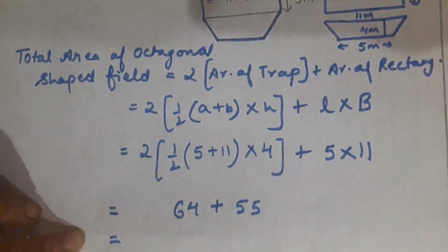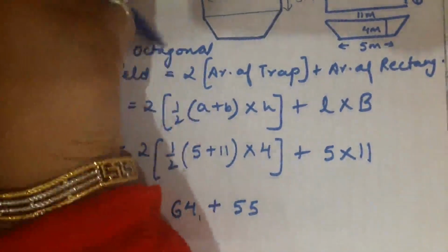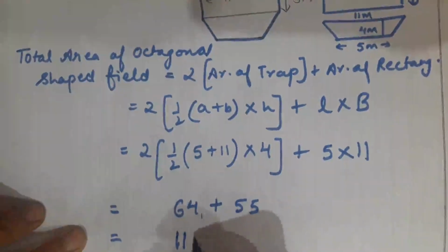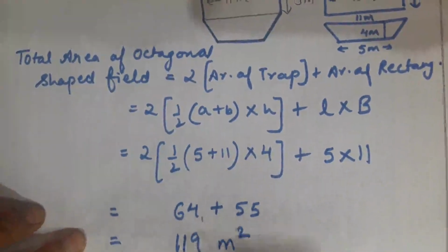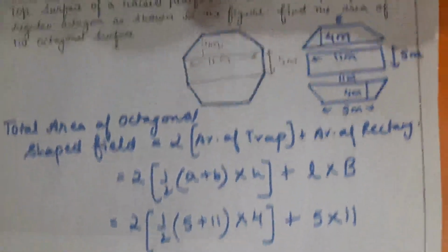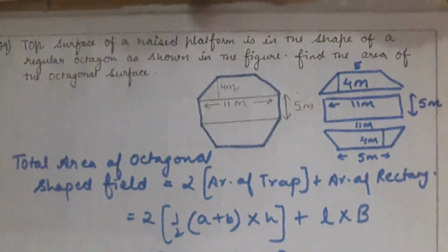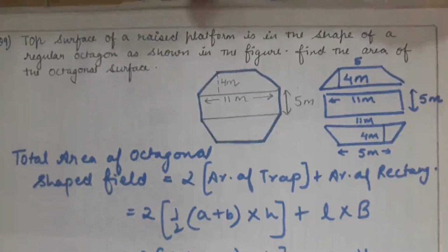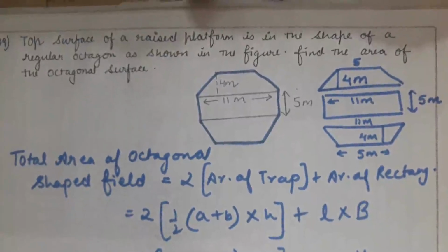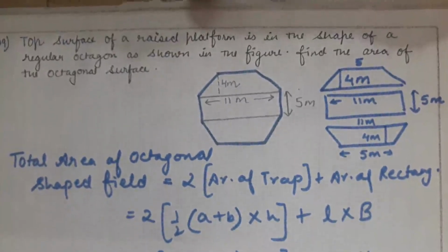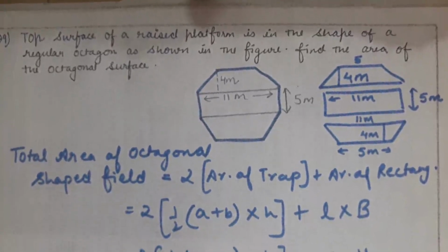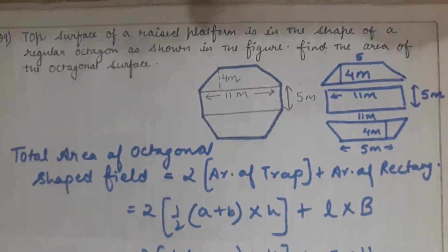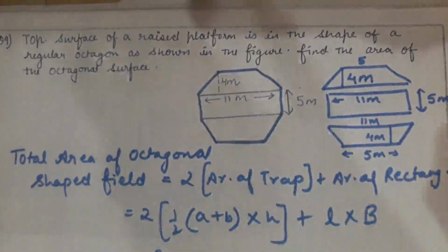Then after adding, the answer will be 119 meters square. So in this way we find the area of this octagonal field, having 2 trapeziums and 1 rectangle. Okay, now let's move to the next question.